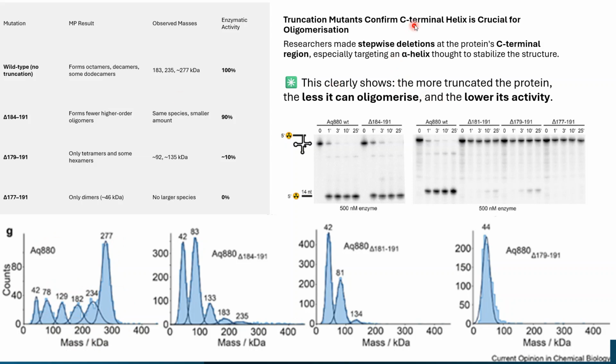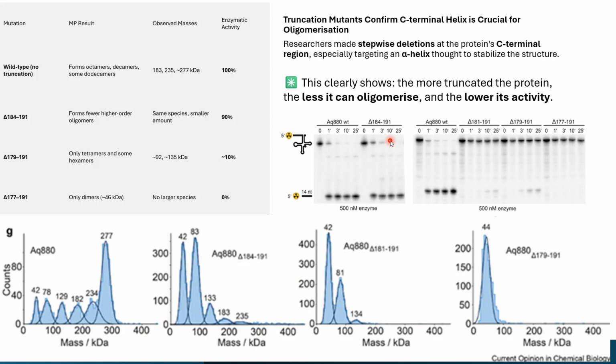But they introduced a mutation to the C terminal helix, which is very crucial for oligomerization. The researchers deleted some C terminal regions, especially the alpha helix thought to stabilize the structure.